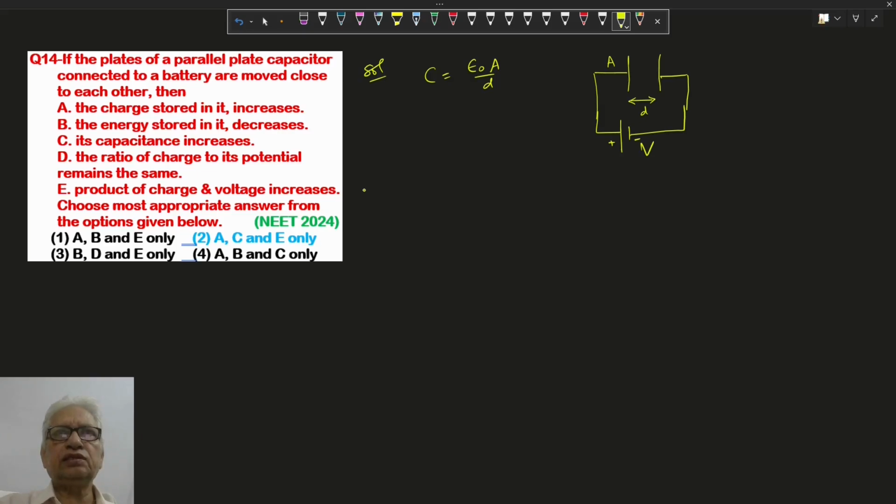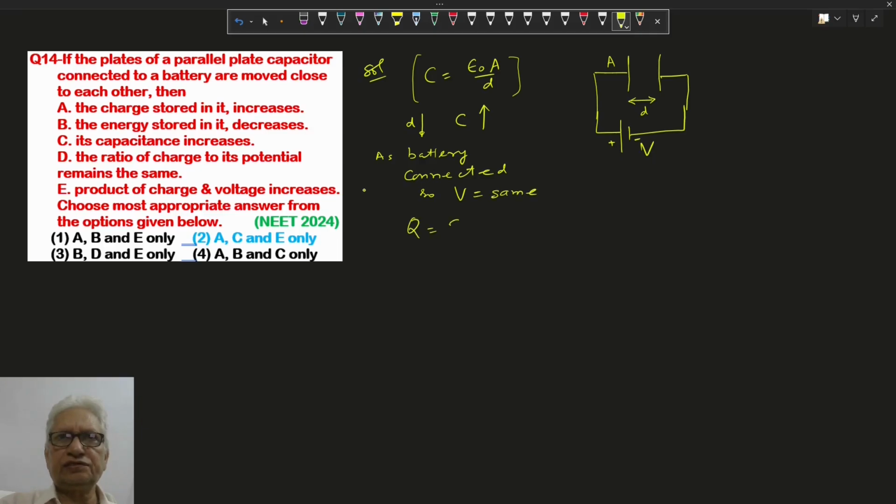In this question, capacitor C is charged by the battery B. So here, if we decrease the gap, the plates are coming closer. So C increases by the formula. As the battery is connected, the voltage remains the same.